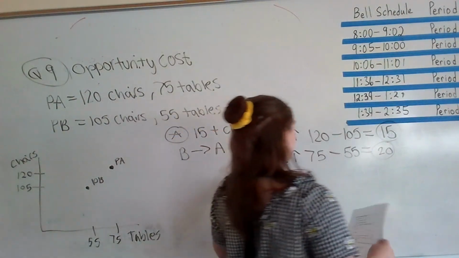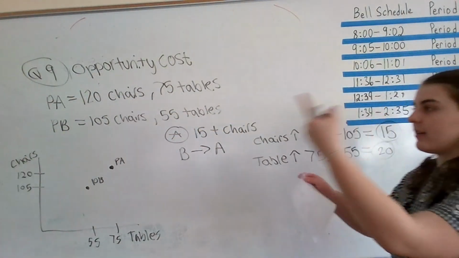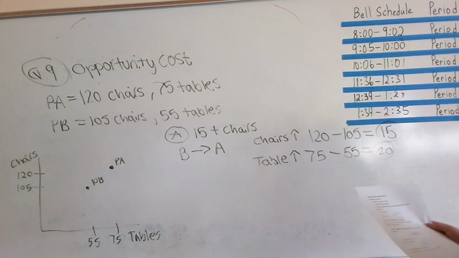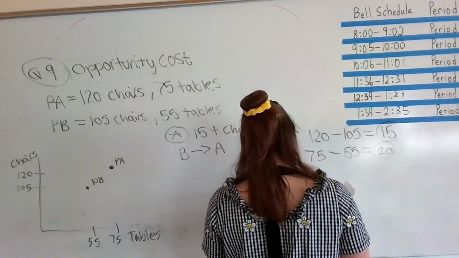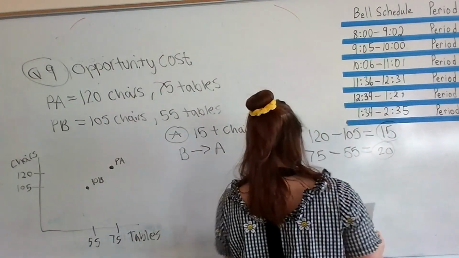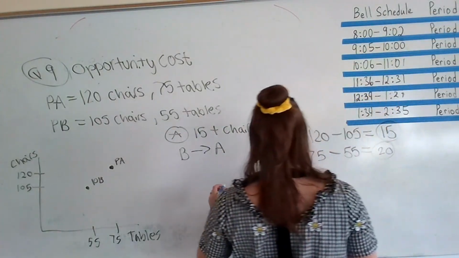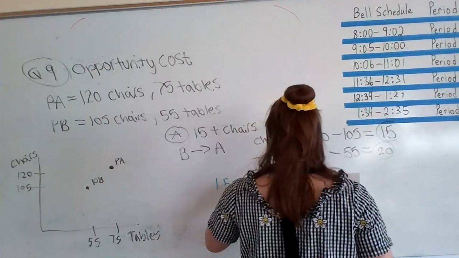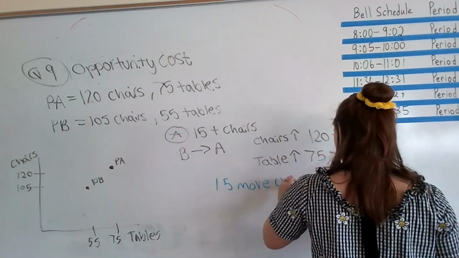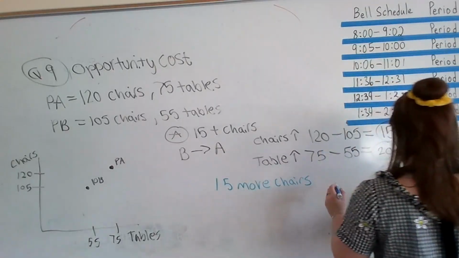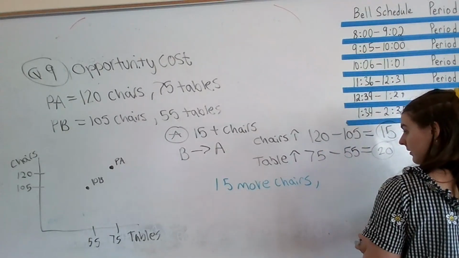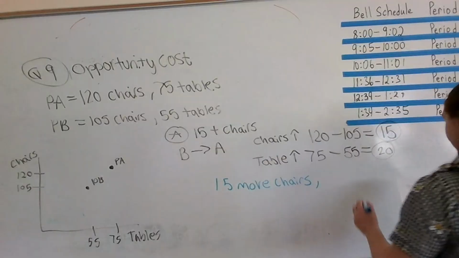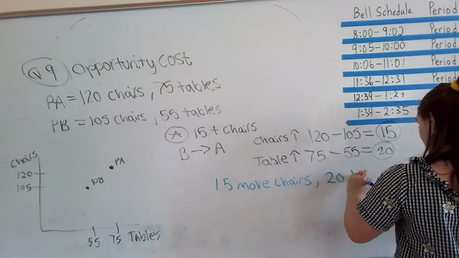So, remember our opportunity cost, or what we give up to produce more versus to produce another. In this case, it means when we produce 15 more chairs, we're going to have to give up producing 20 tables.